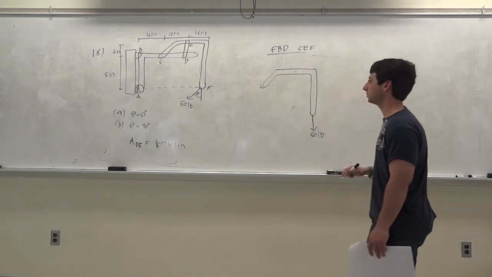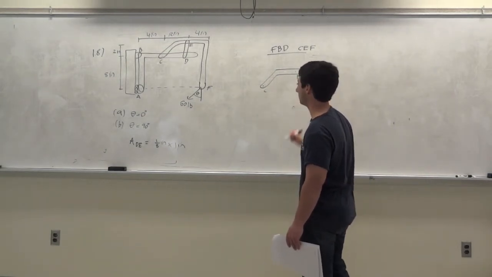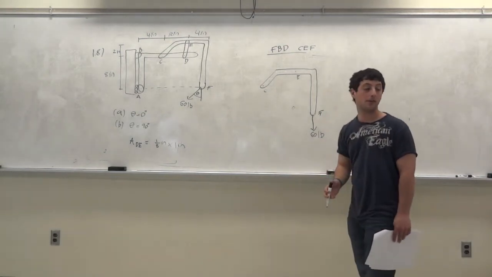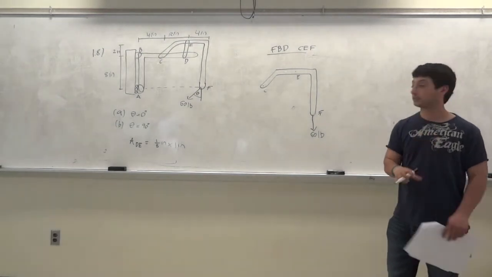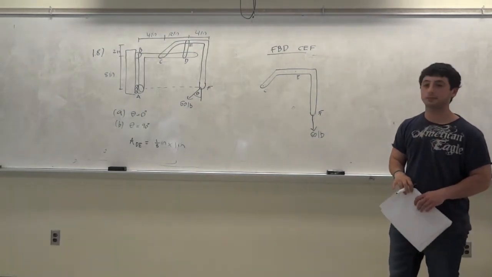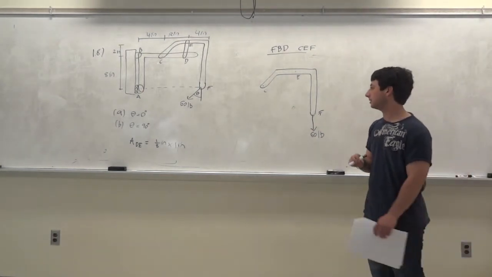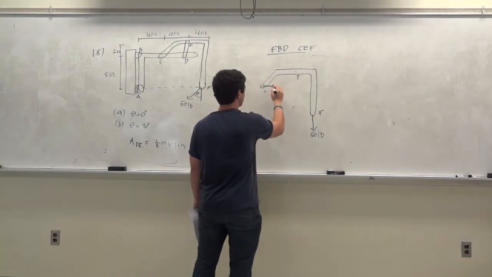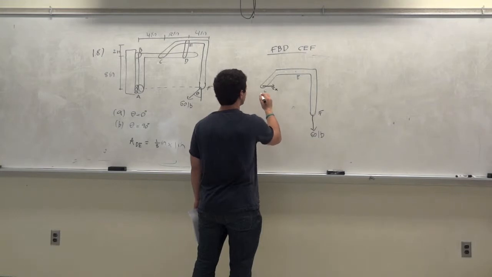So what forces do you expect at C and E? You could just shout out if you want. This is point F. What force do you expect at C? CX and CY. That's fine. All right, so let's just draw that in, CX and CY.